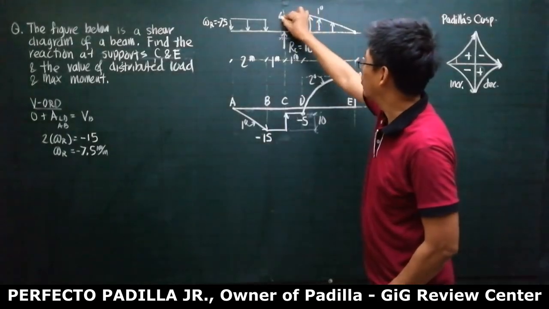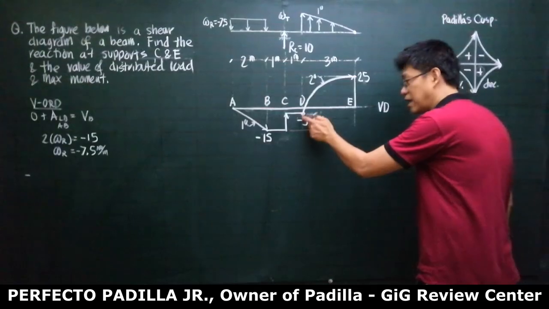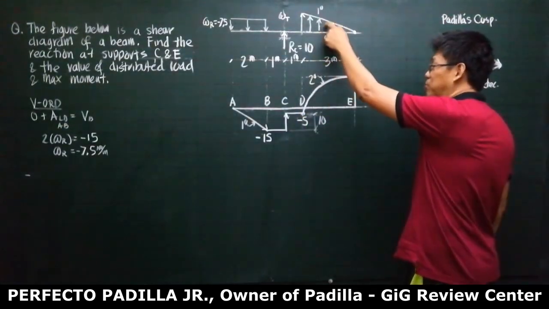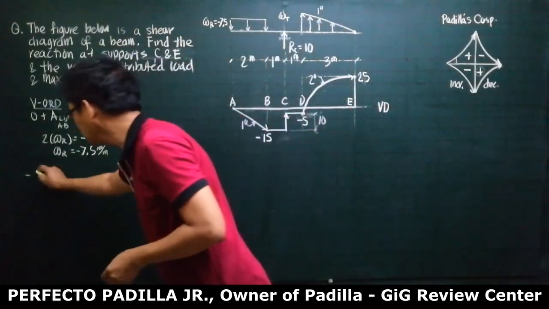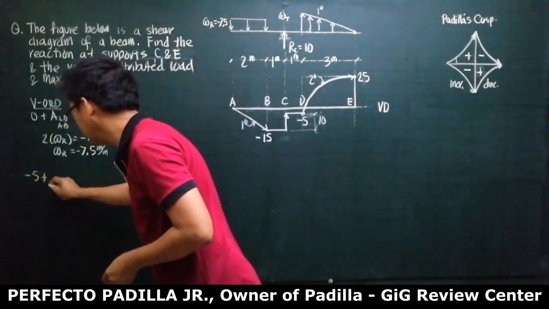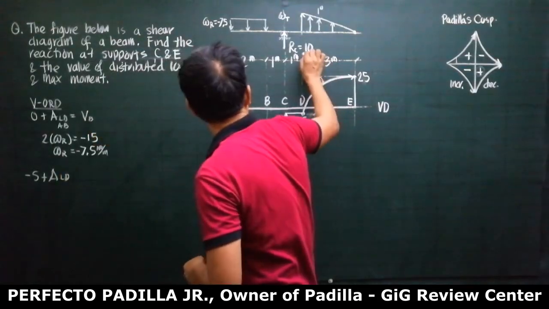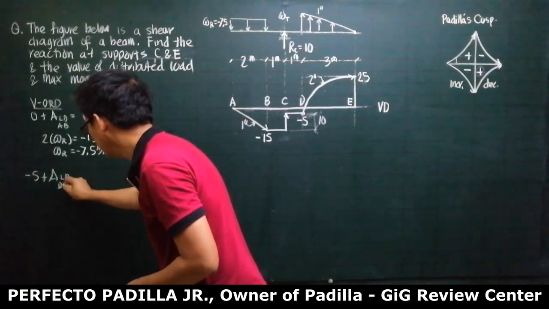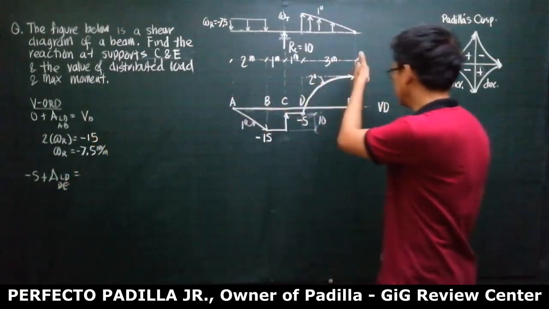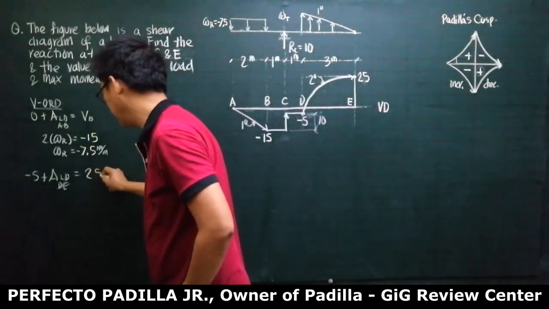Let us solve our W triangular. So the shear here plus the area of this is the shear here. So it is minus 5 plus the area of the load diagram from D to E is equal to the shear here, which is positive 25.